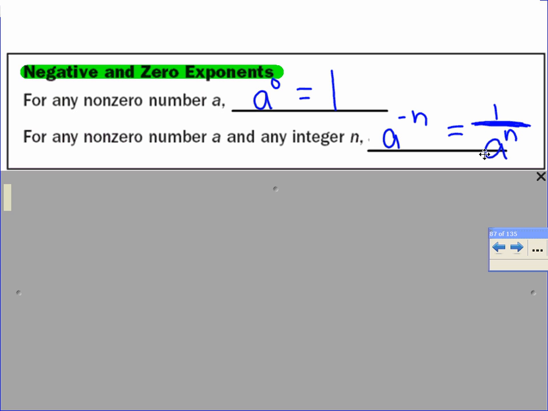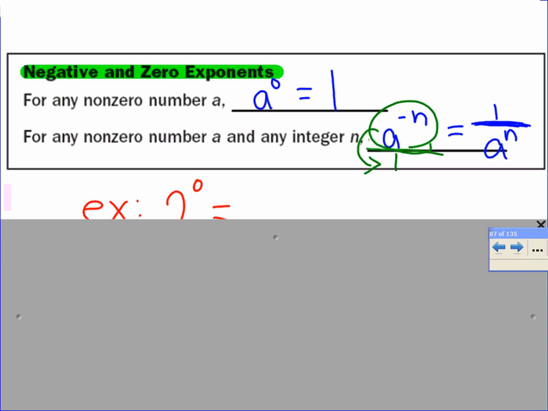To get rid of a negative exponent, if it's on the top, we always put a 1 on the bottom. We take the power, this whole thing that's negative, and switch it to the other side. When you switch it to the other side of the fraction, it becomes positive.